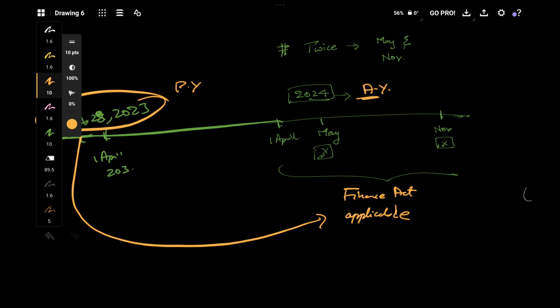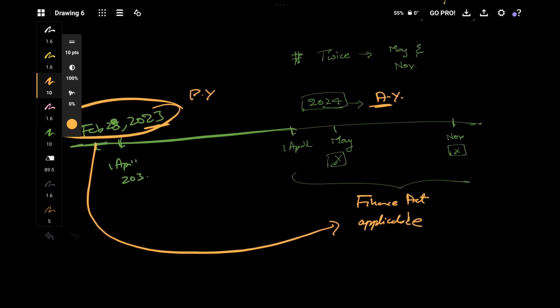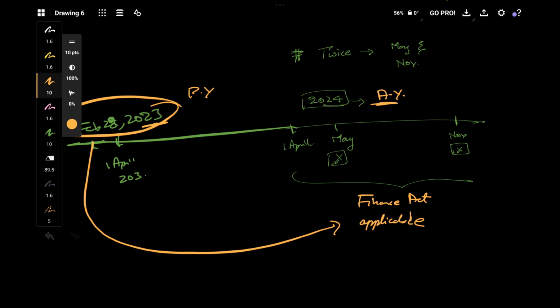So in the assessment year, how are we going to implement this Feb 2023 previous year? That's what they'll test in your exam, so that you will be very much in line with the practical thing. In the assessment year, all the CAs in tax audit use this Finance Act 2023 to calculate the tax part, and you will be clearing your exam in May or November, so you will be very much in line with these professionals.